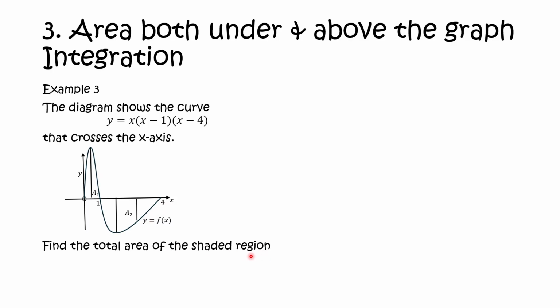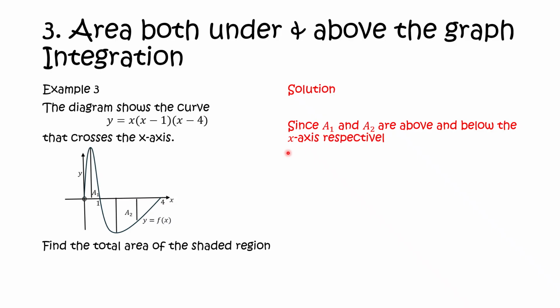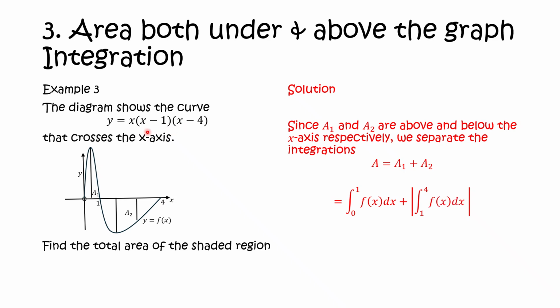So now we are going to separate our graph into two parts. But as we are separating our graph into two parts, we can deal with what we have as our y. We can expand it so that it makes our integration easier.